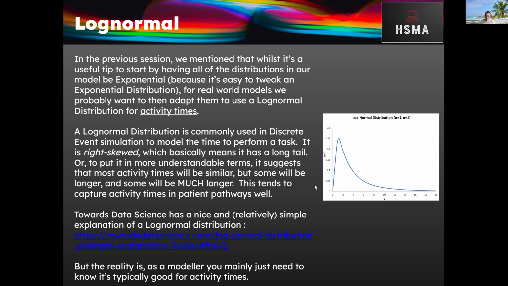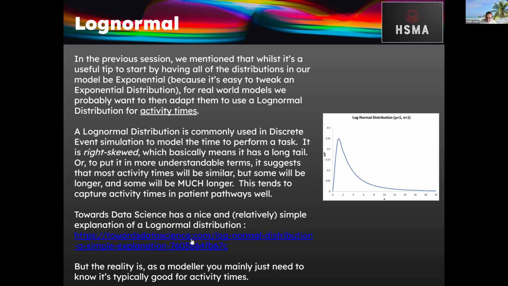That tends to represent patient pathway activities really well. Most things will work around the same, there'll be a little bit of variability, but we are going to get the odd thing where things go really wrong, and it's going to take much longer. And so that's why log-normal distributions work so well.